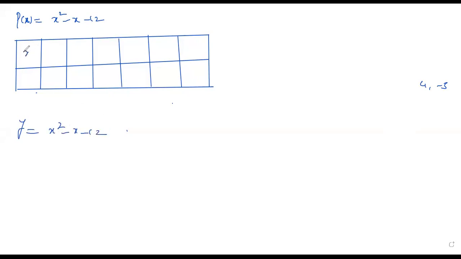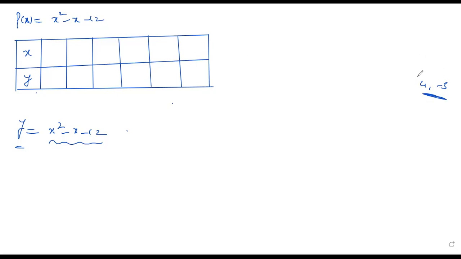So I'm taking here x and here y. Whatever values you substitute in place of x, you get the y values. Already we did some rough work. It is only rough work, and the factorization method is only for rough work. We do not include it in the main sheet.